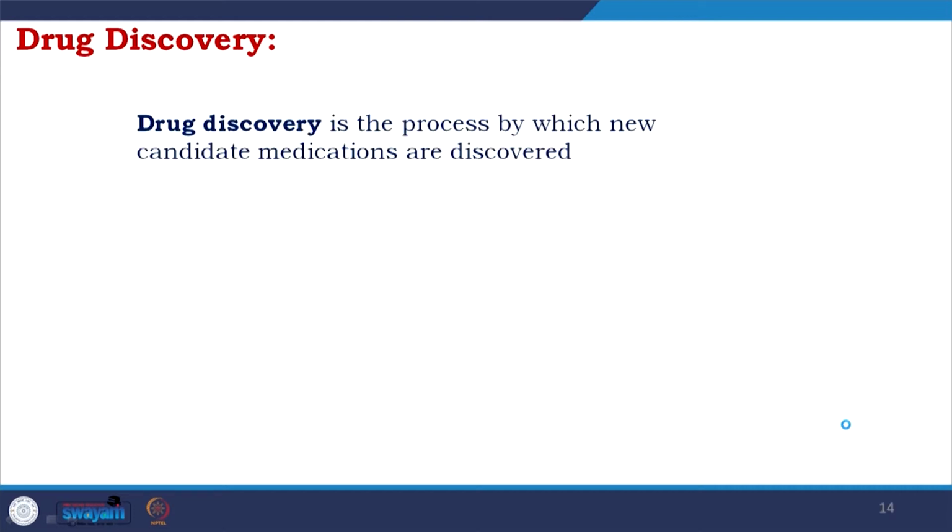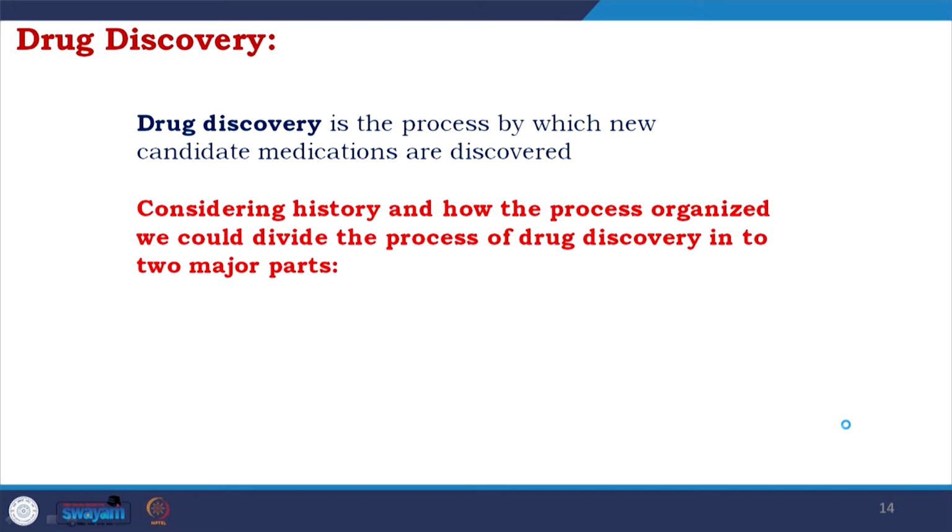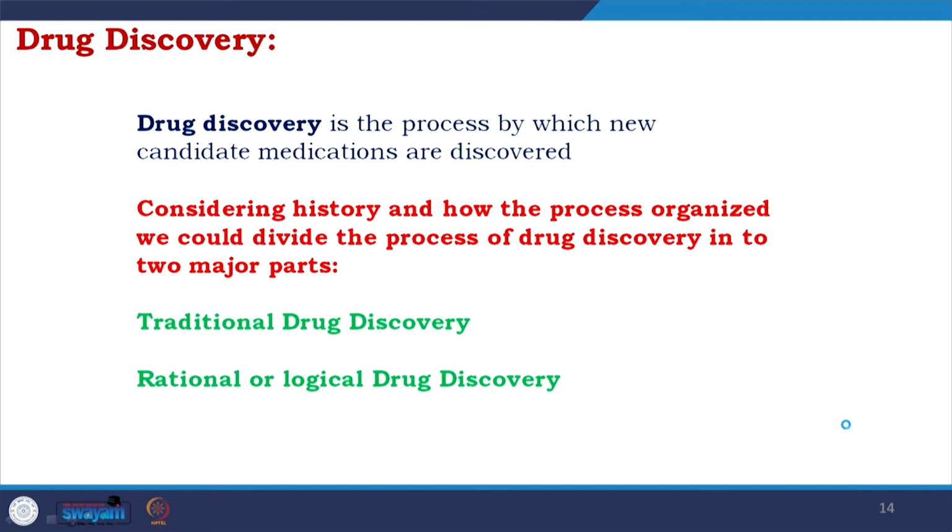So, coming back to drug discovery, I hope you could understand my unique definition of drug discovery. From there, let us proceed. Drug discovery is the process by which new candidate medications are discovered. Considering history and how the process is organized, we could divide the process of drug discovery into two major parts: traditional drug discovery and rational or logical drug discovery.